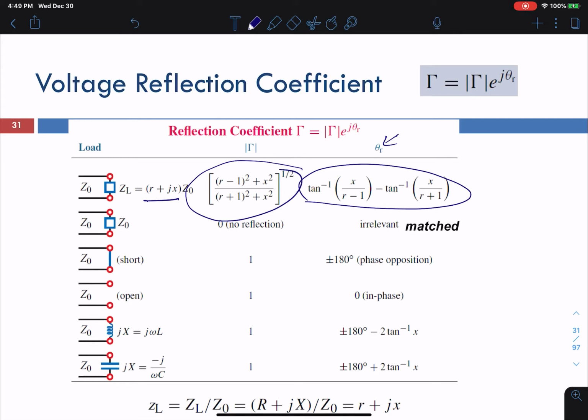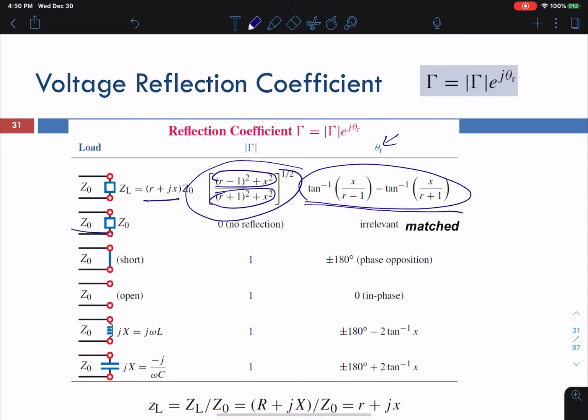So basically you're taking the tan inverse value of the numerator and subtracting the denominator from that. That's the value over here. So your r and x are all your normalized value of r, normalized value of x. Now it's a general case, right?